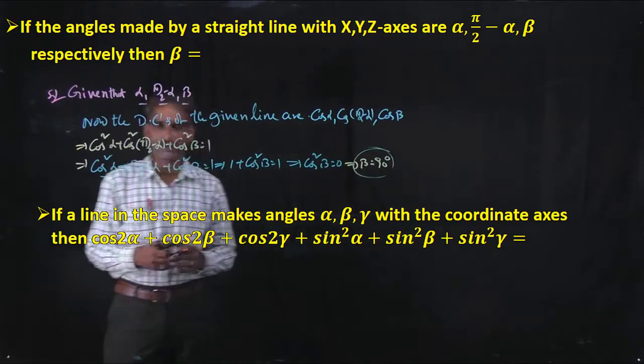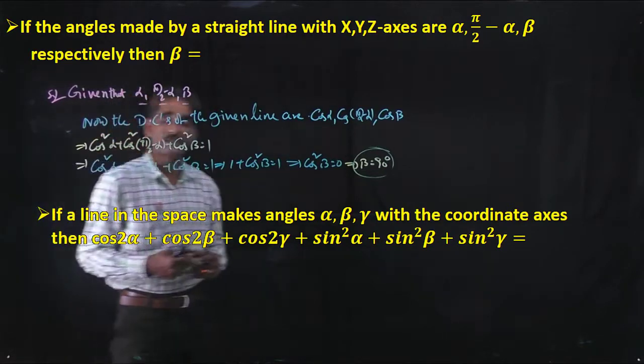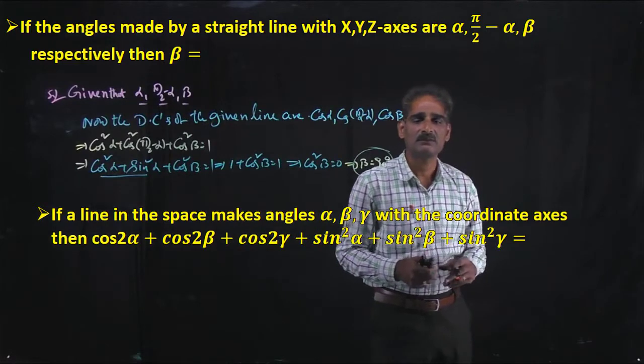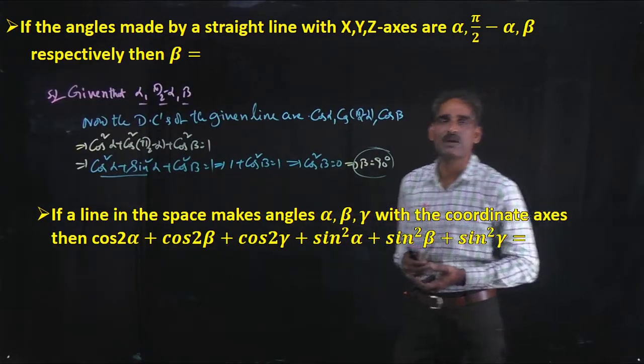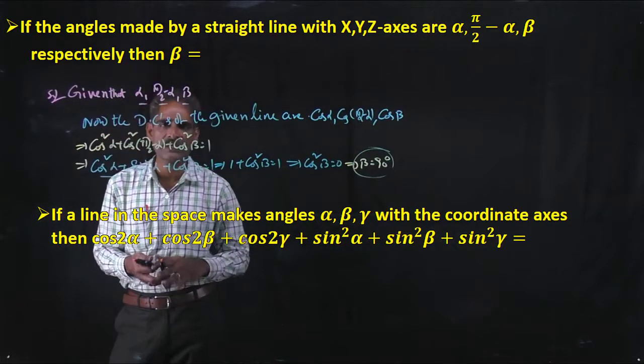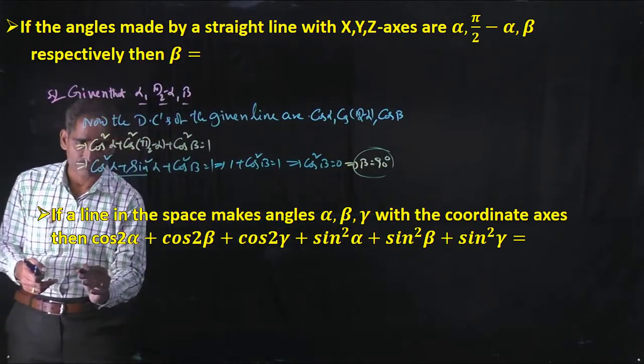See the next problem. If a line in space makes angles alpha, beta, gamma, then what is the value of the expression? If alpha, beta, gamma are the angles made by the line, then the DCs are cos alpha, cos beta, cos gamma.